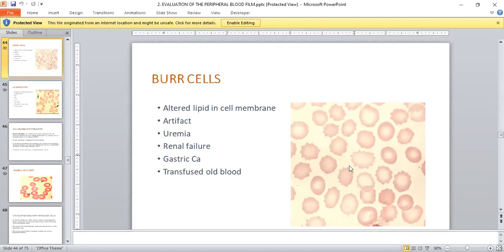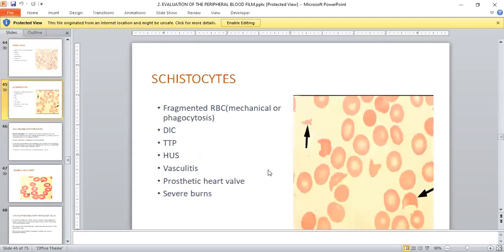They look like they have thorns or something. They are caused by altered lipids in the cell membrane. You can have schistocytes, like fragments. When you look at them, they kind of look like platelets, but they're not platelets, they're schistocytes.